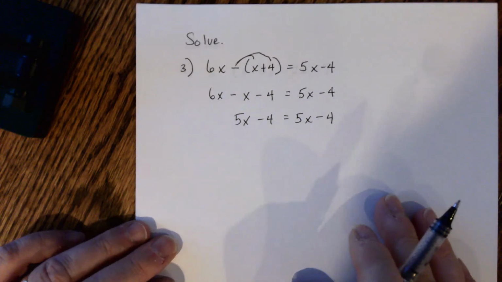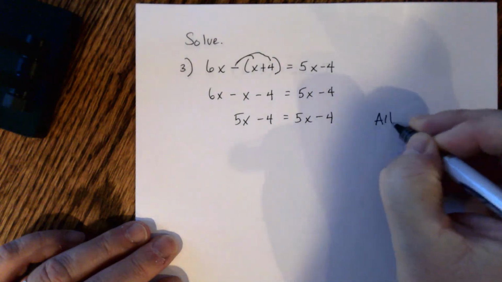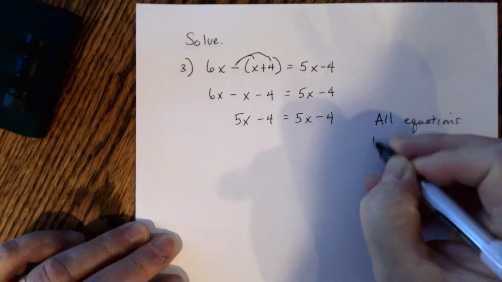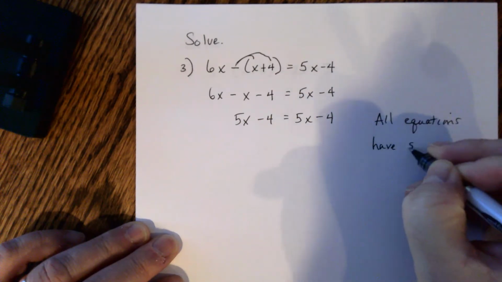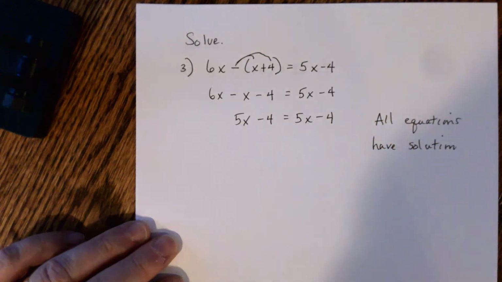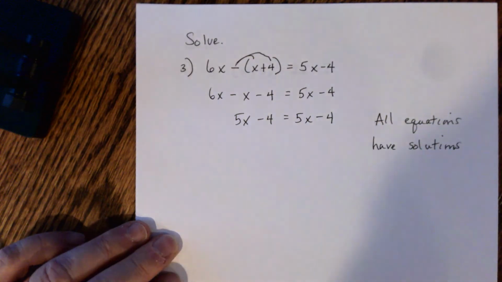Now, we can continue to work the problem because all equations have solutions, which means even if there is no answer, or even if there's infinite answers, you still have solutions.